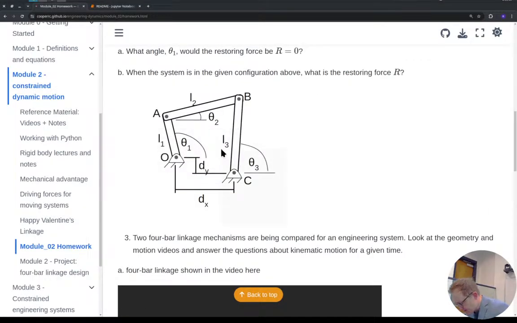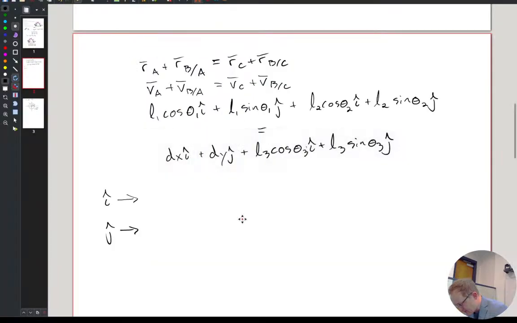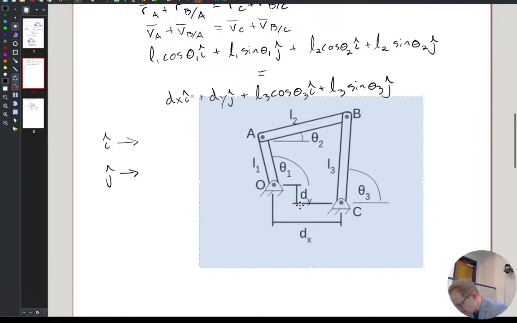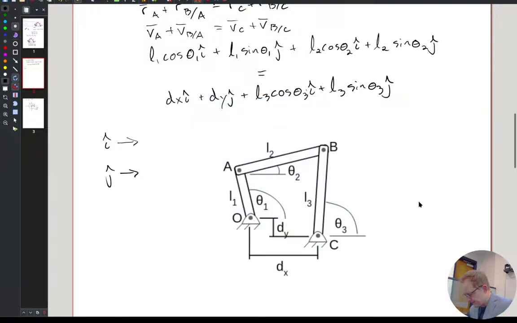If I look at L cosine theta 1, well, let's do the sine first. This distance is L1 sine theta 1. This distance is L2 sine theta 2.